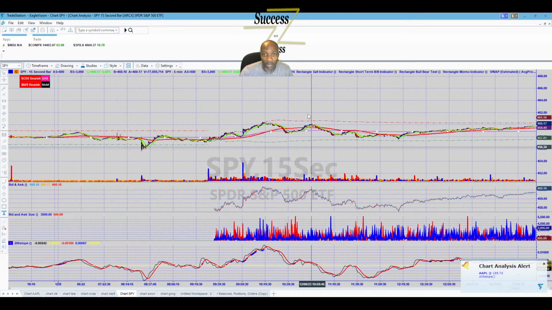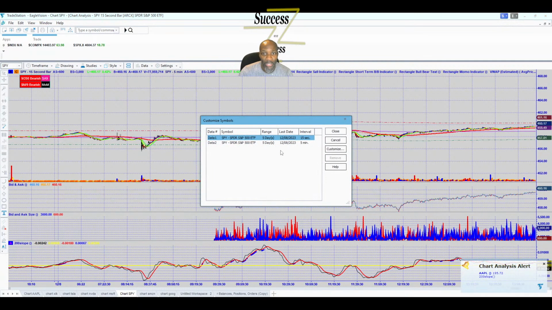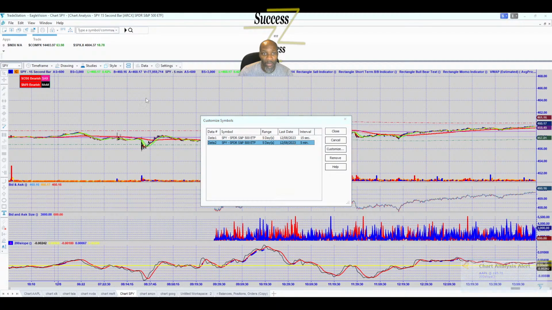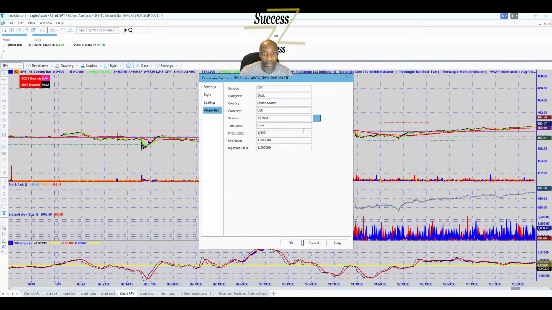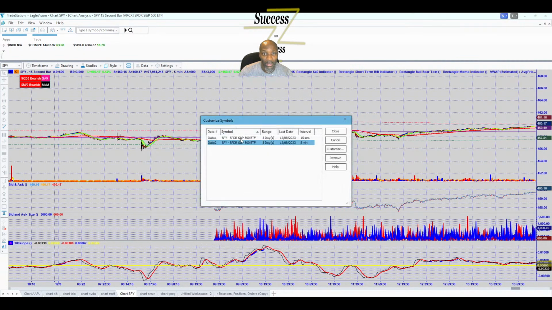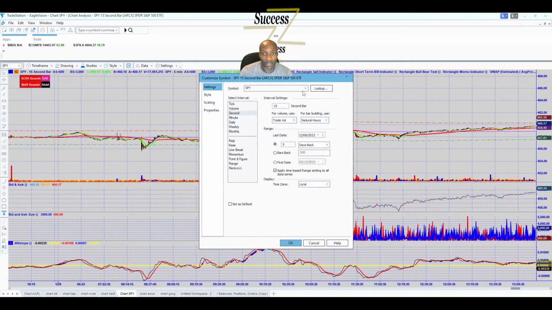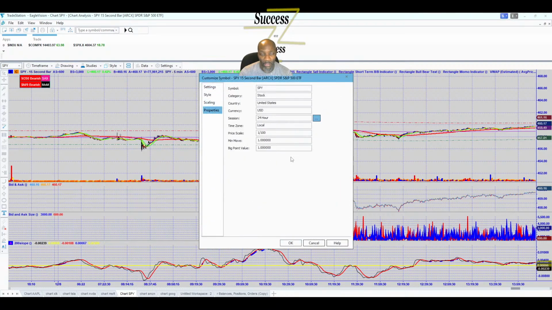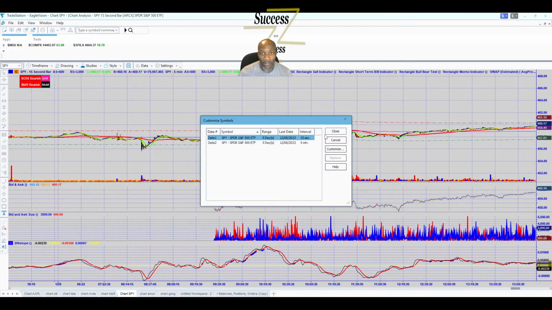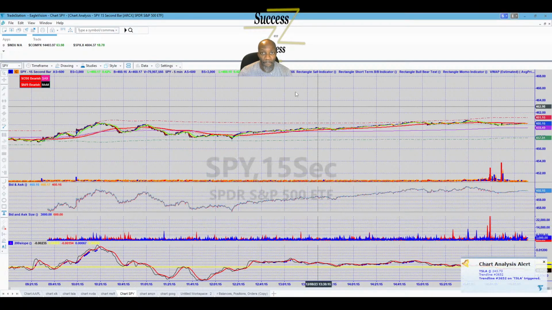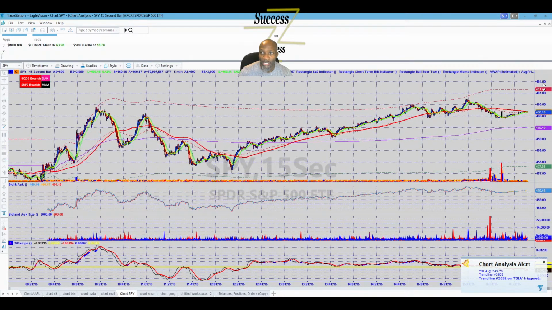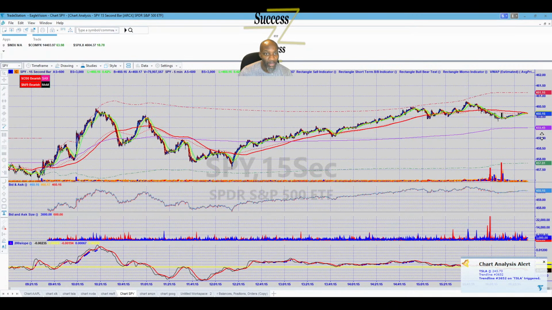Trying to open this up. I think I got 2 time frames on here. 5 minutes, 24 hour. Ever since I re-downloaded TradeStation, it doesn't scale the same.